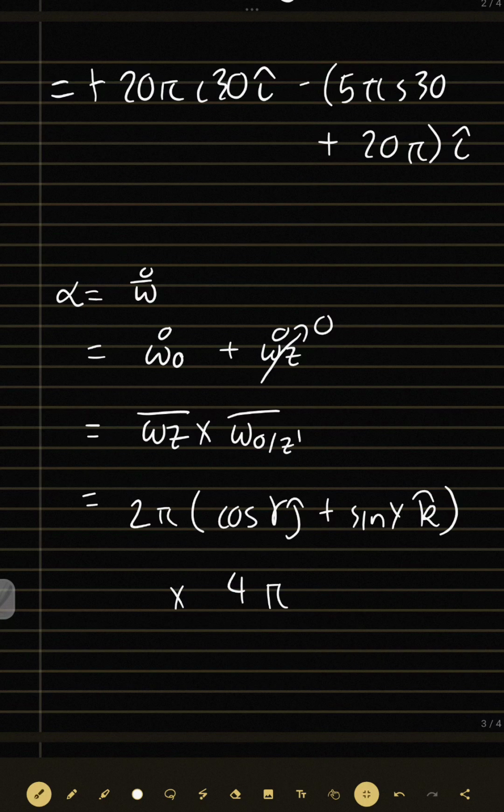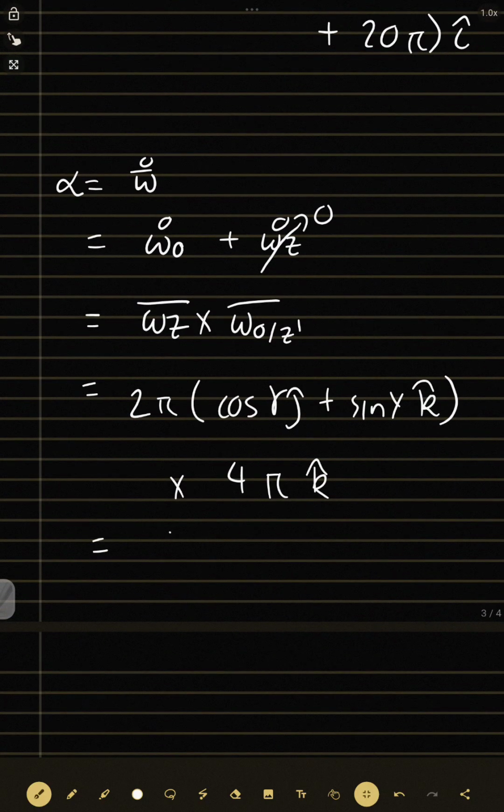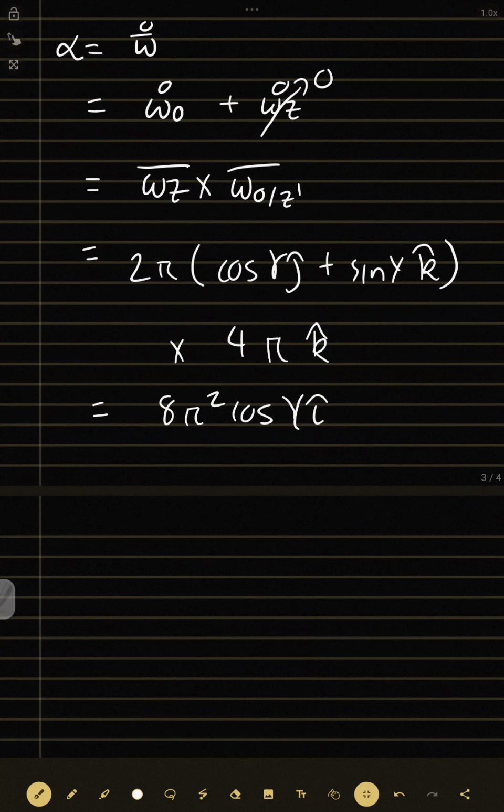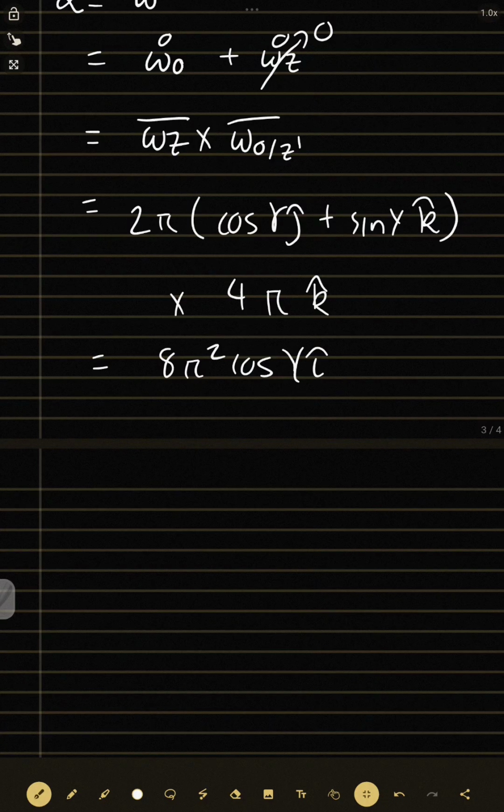So this will become 8. So your alpha is ready, omega is ready. You already found it.